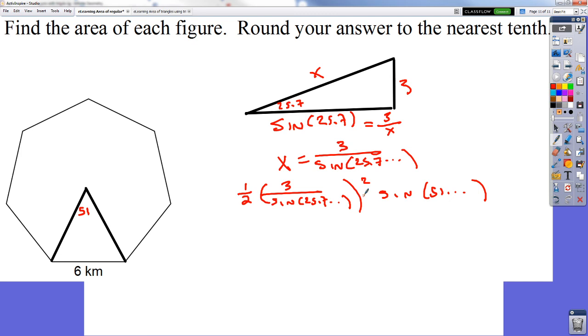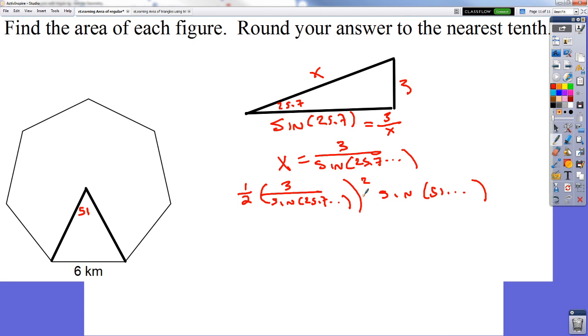Okay. You can't see this, but I'm making lots of mistakes, so I'm trying to go slowly so that I don't mess up. Times the sine of the 51 something number, and that goes in.